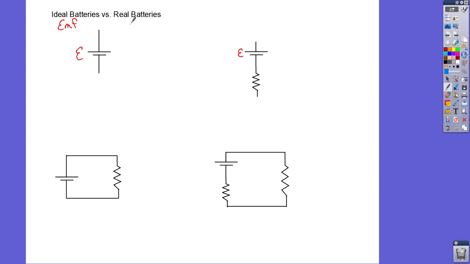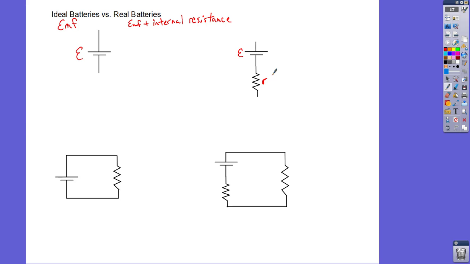So a real battery has an EMF plus internal resistance. Okay, and so they always use little r for the internal resistance. So we use big R usually to represent regular resistors. Little r is the internal resistance.